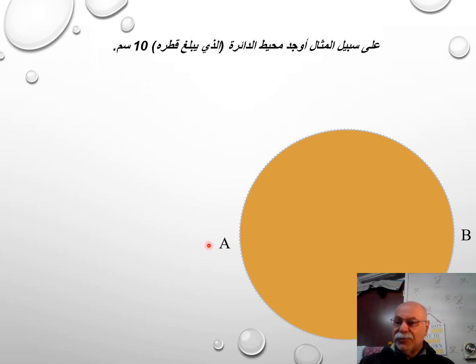This circle, as we have here points A and B, this line A, O, B is the diameter, this is 10 centimeters long. What is the circumference?